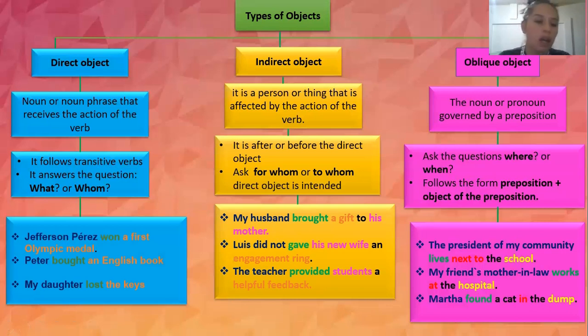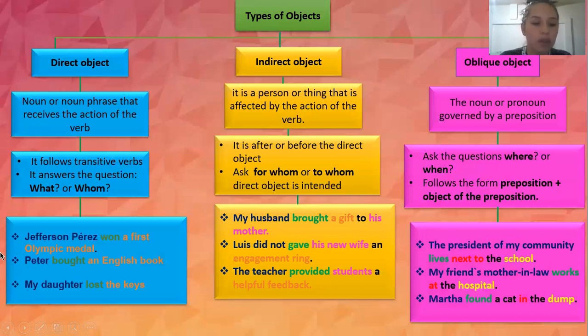Let's look at these examples. Jefferson Perez won the first Olympic medal. Jefferson Perez is, as we know, the subject. It is the one performing the action and what the sentence is about.